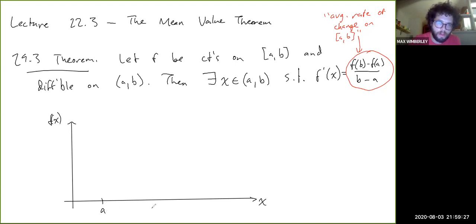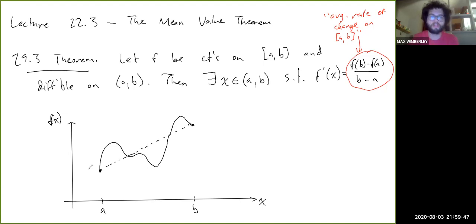So let's say this is a, this is b, and here's f of a, here's f of b, and let's say that's what it looks like. And then we have a straight line. We could draw a straight line connecting these 2 points, right? So this is a, f of a, and this is b, f of b.